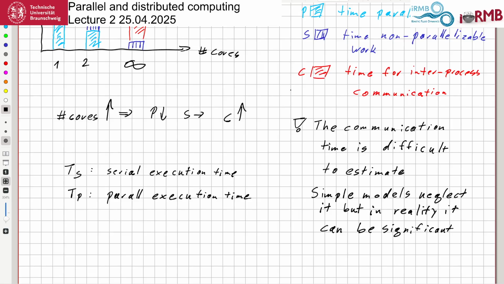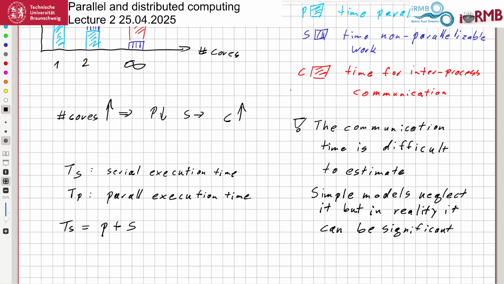So TS is simply the work that you can do in parallel, but you do in serial. So it's all the work piled up together, plus the time for the serial work.